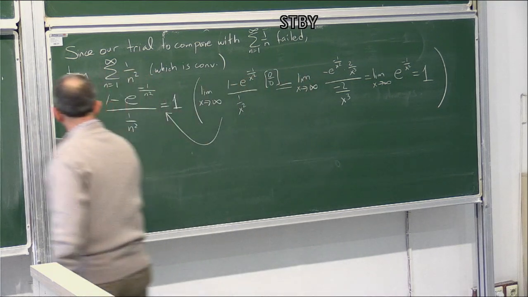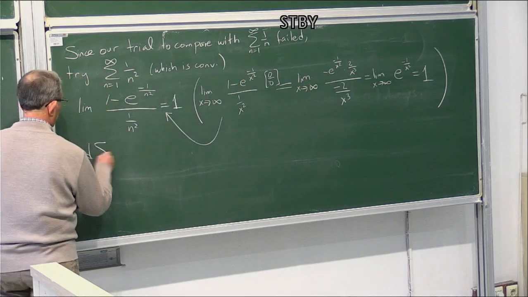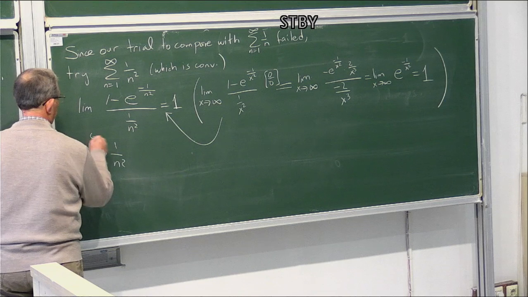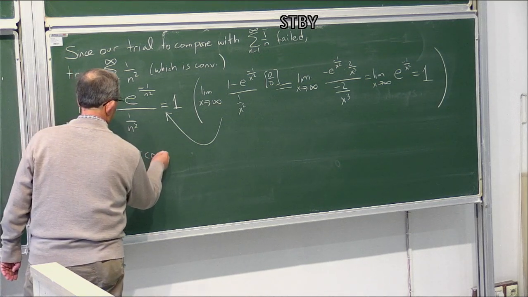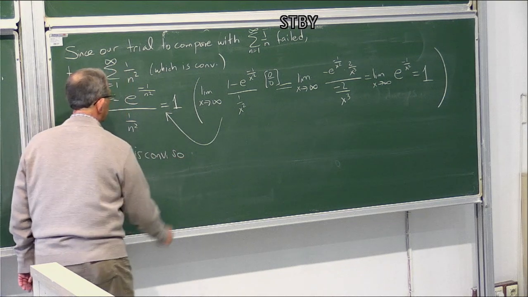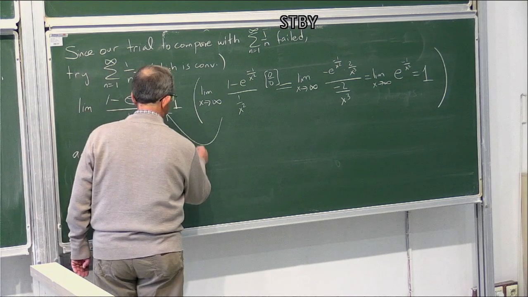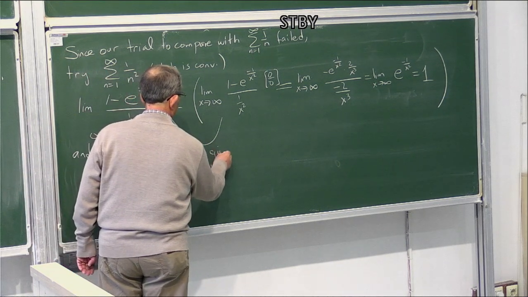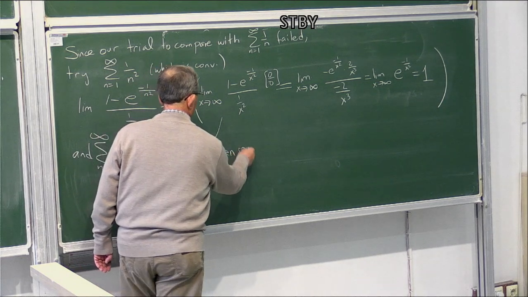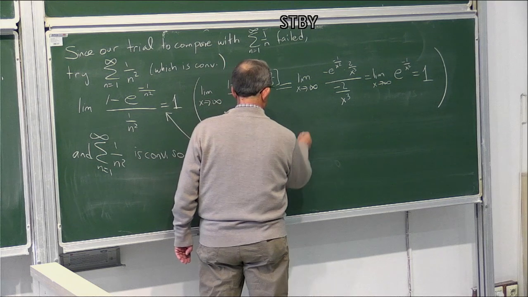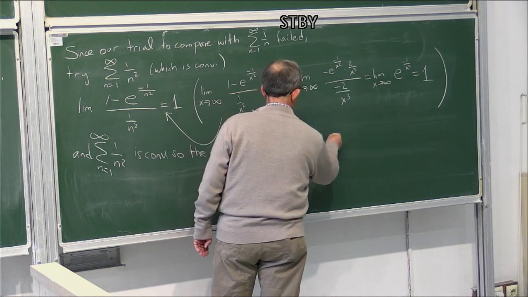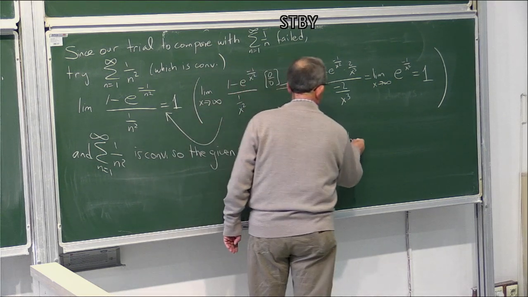And we know 1 over n squared is convergent. So the given series is convergent by limit comparison here.